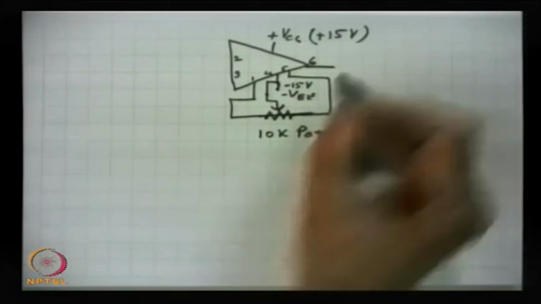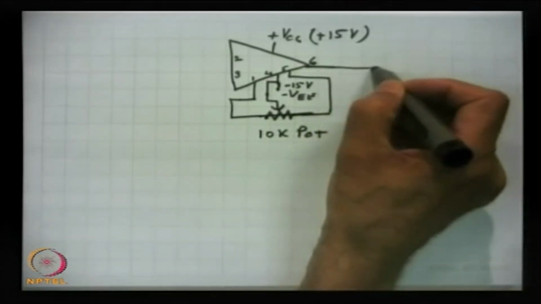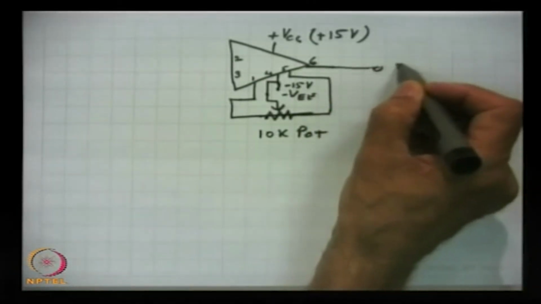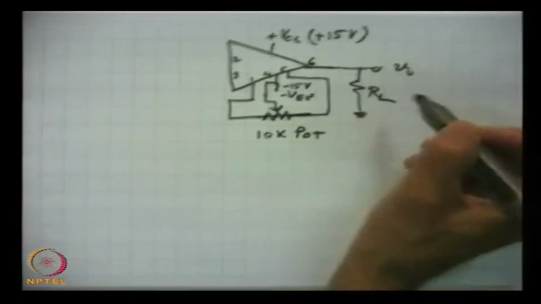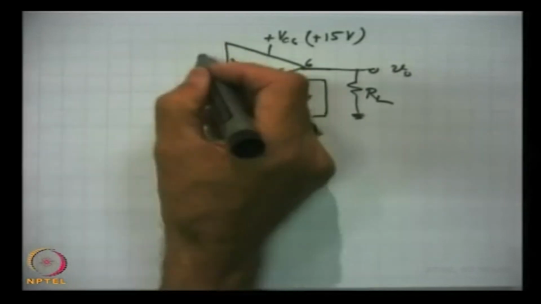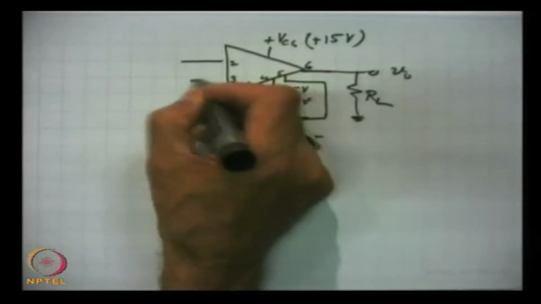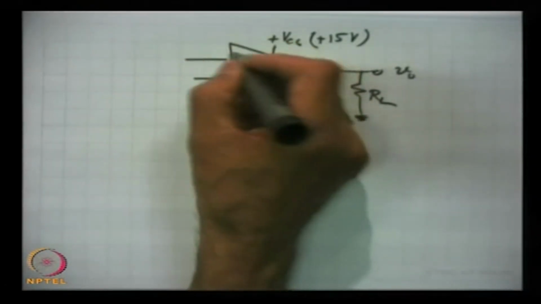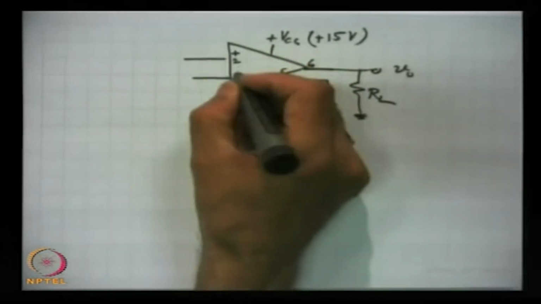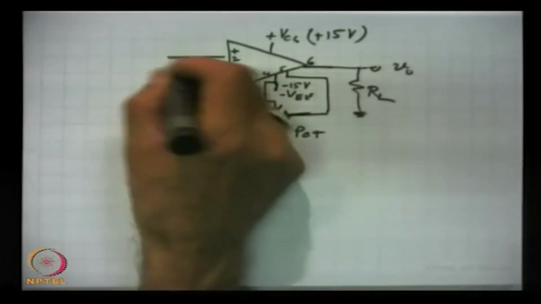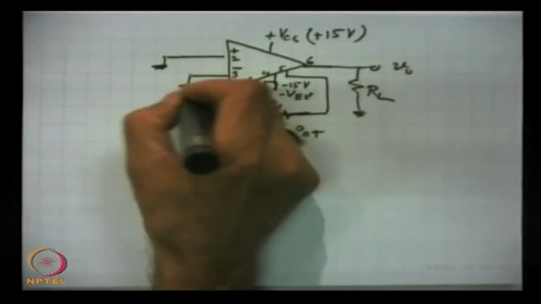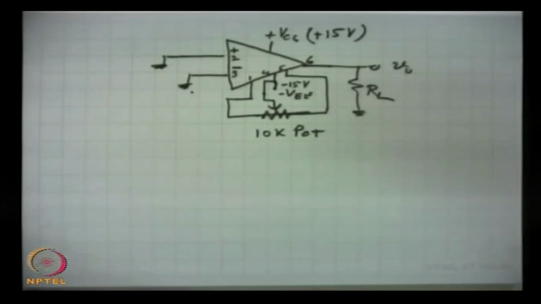So, here we make measurement of the output V0, we measure across a load of few kilo ohms, and both these inputs, non-inverting and inverting, are grounded. So, what we do?